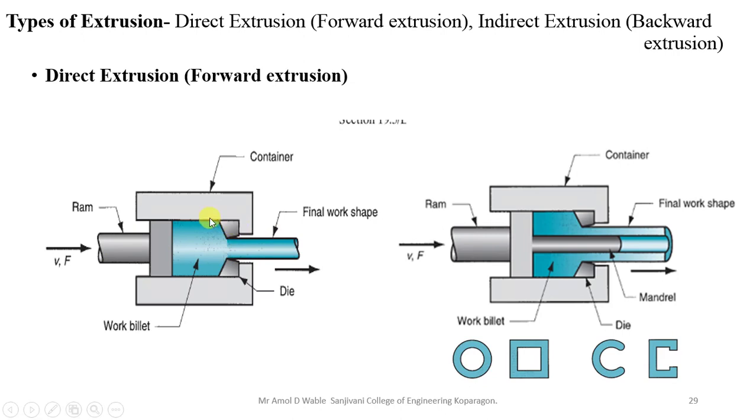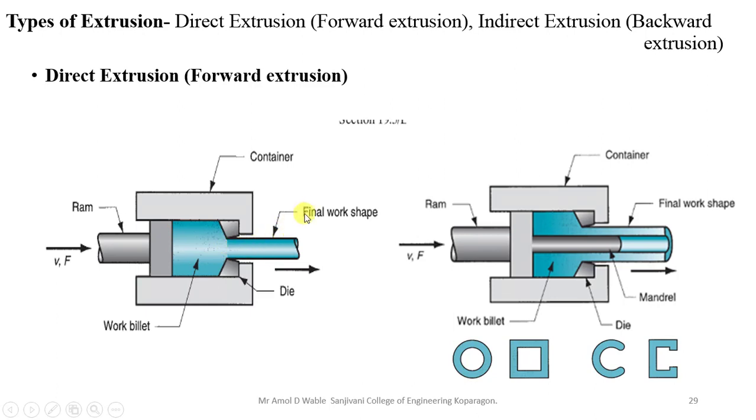A billet is heated to its forging temperature and fed into the machine chamber. Pressure is applied on the billet with the help of a plunger, which forces the billet through the die, and the extruded part is generated, whose length depends upon the volume of the billet and the cross-sectional area of the die.